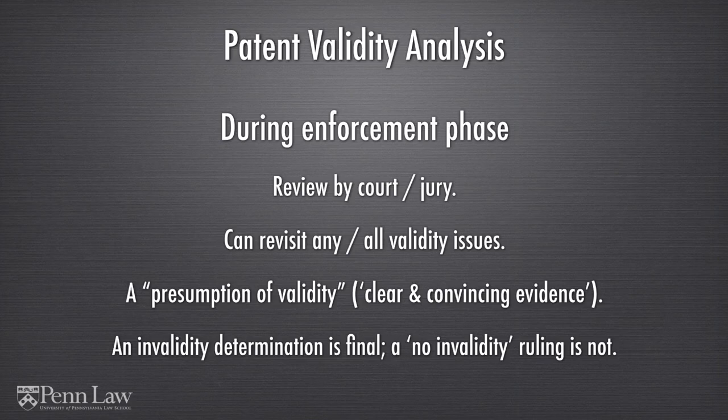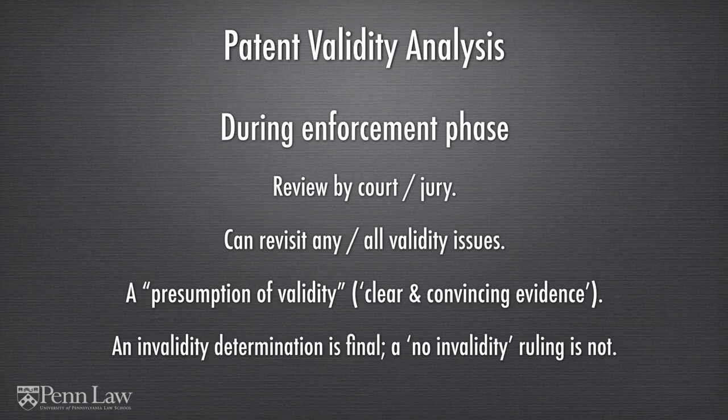There's a presumption of validity in the law, which means that you need to show clear and convincing evidence of invalidity in order to find a patent invalid. This basically means that we are assuming under the law that the Patent Office has done its job correctly, and it makes it a little bit harder to overcome the validity presumption when you're litigating.